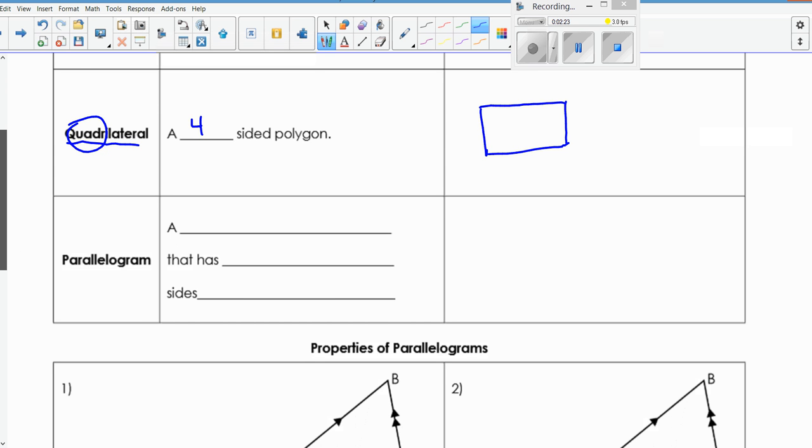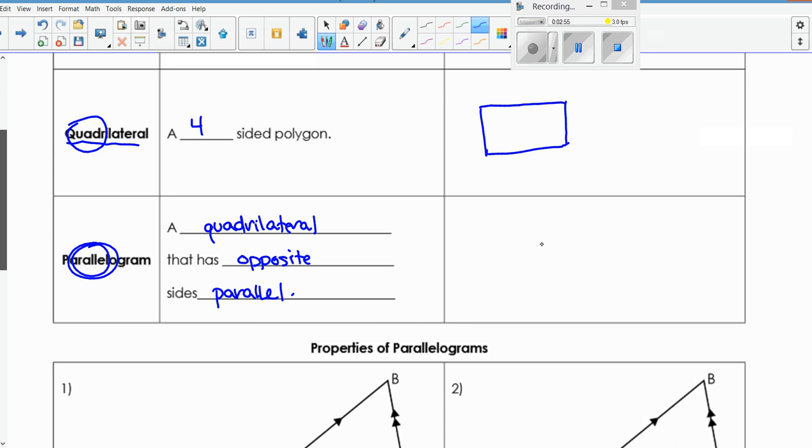There's a lot of properties of a parallelogram, but the definition of a parallelogram is that it is a quadrilateral that has opposite sides parallel. Okay, so that is the definition of a parallelogram. It's easiest to remember because it's parallel in the word.